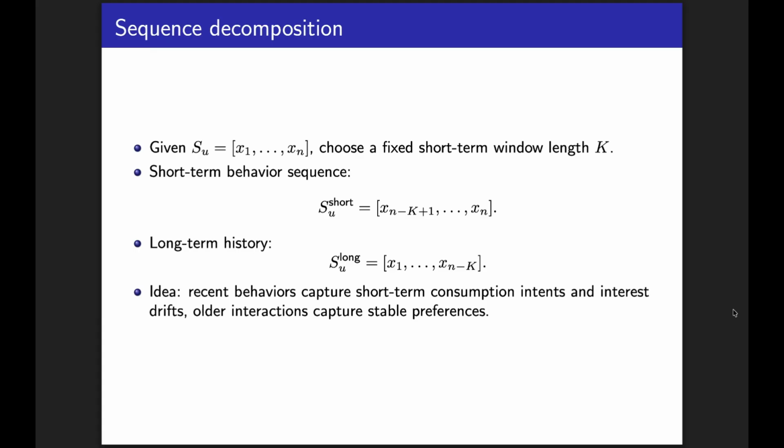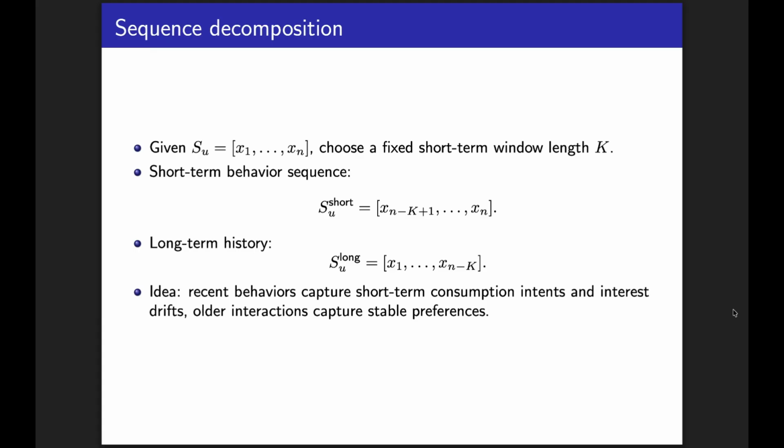So the last k events, k is usually small, and it is a hyperparameter that they fix at the beginning. They should represent, in a way, the session-like behavior, so what has happened in the session or in the very recent history. All the rest represent the long-term, averaged, in a way, interests of that specific user.